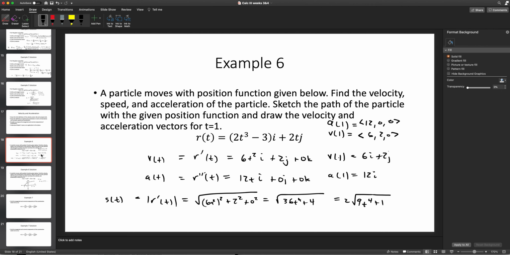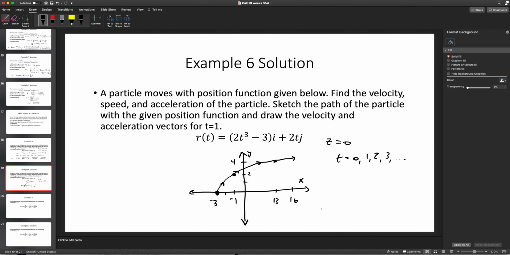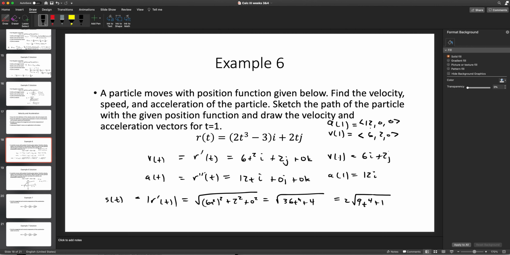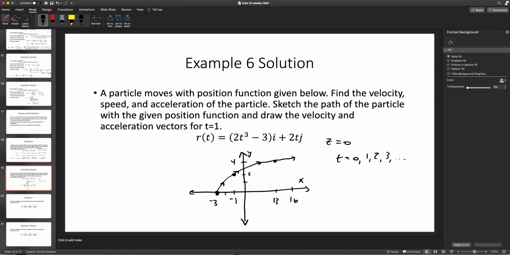Going back, we see that we have 6, 2 when t is 1. Just remind yourselves that this is on the xy plane. So this is 6, 2 in the xy plane, something like this, though it's not to scale.